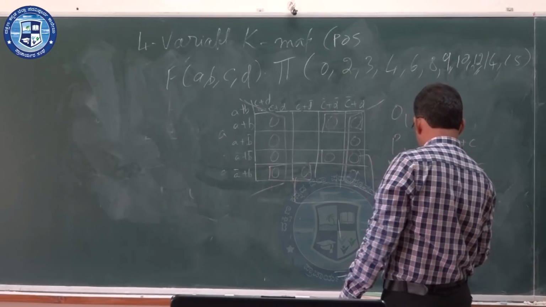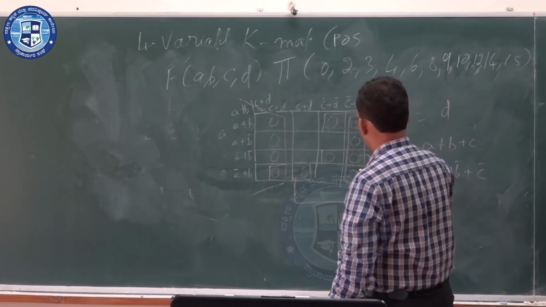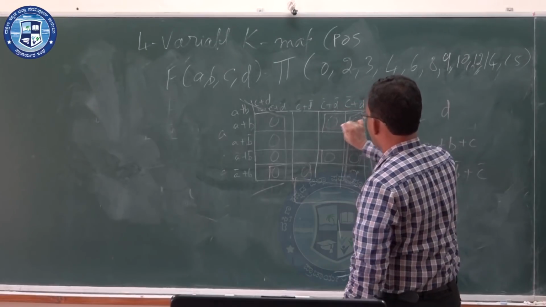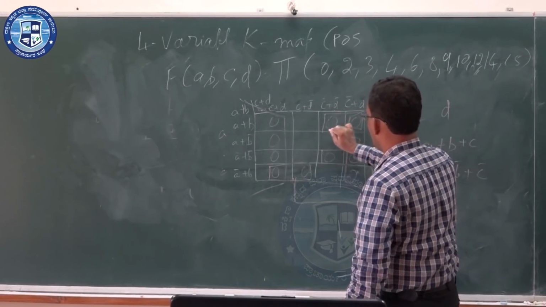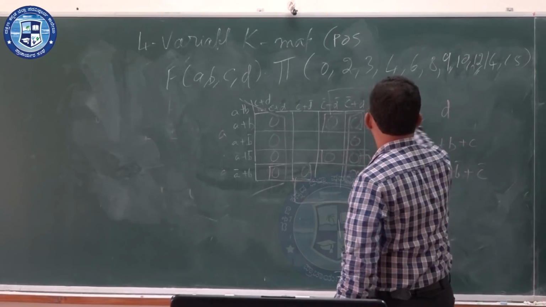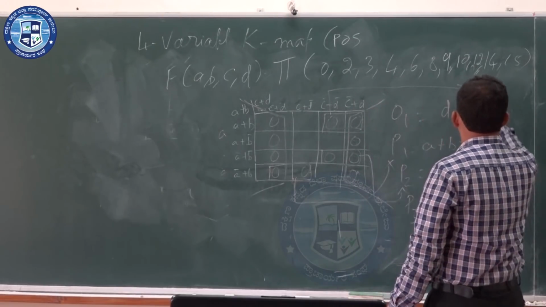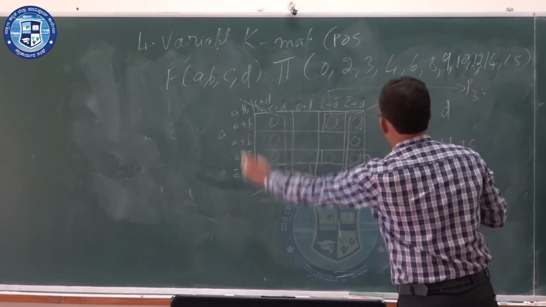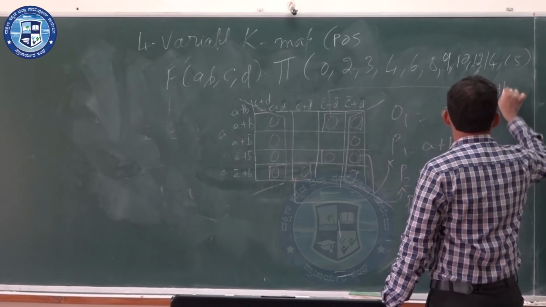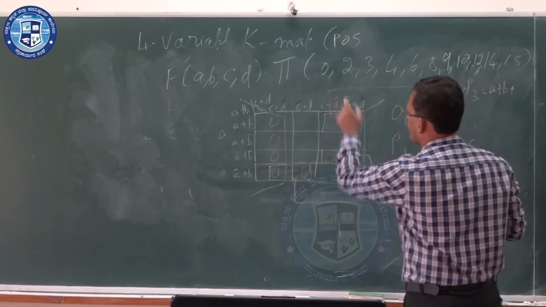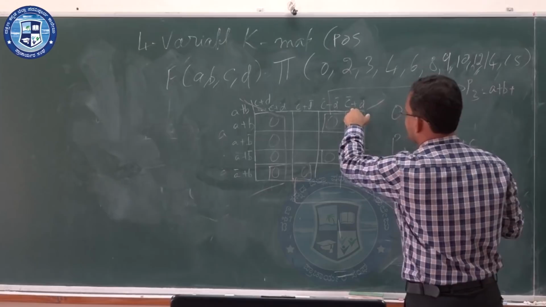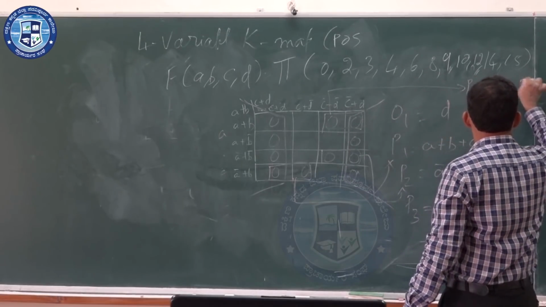And pair 3, that is the first row, third and fourth column, this one, pair 3, which is nothing but A plus B, plus, which is common here, C bar plus D bar, C bar plus D, C bar is common.